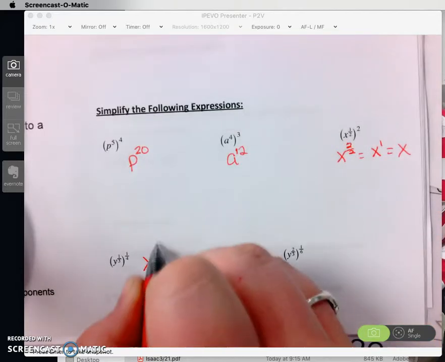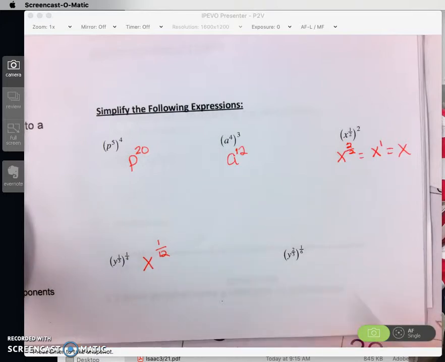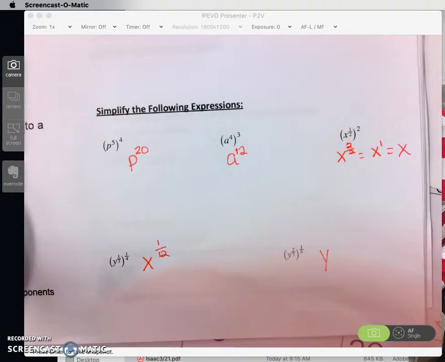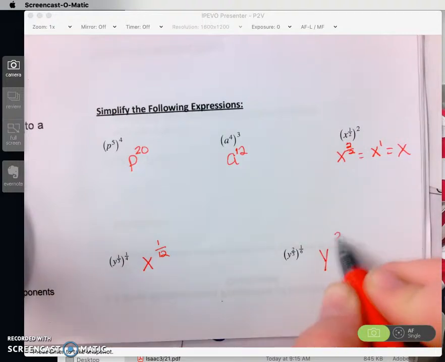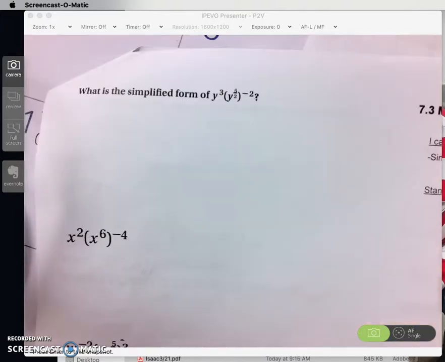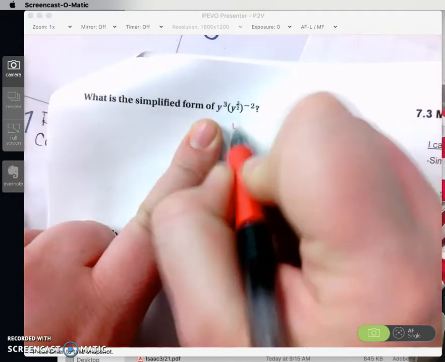X to the 1/12th, and, oh, that's y. That's okay. This would be 2/18, which can be reduced down to 1/9. Okay, here I have to remember that I'm y.